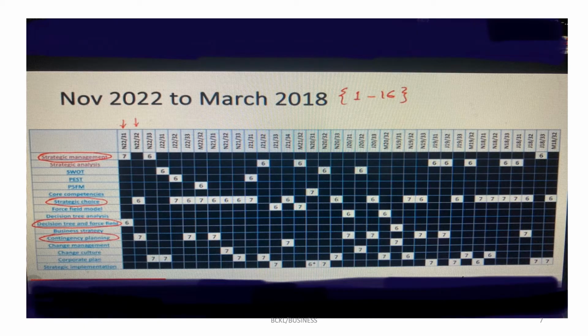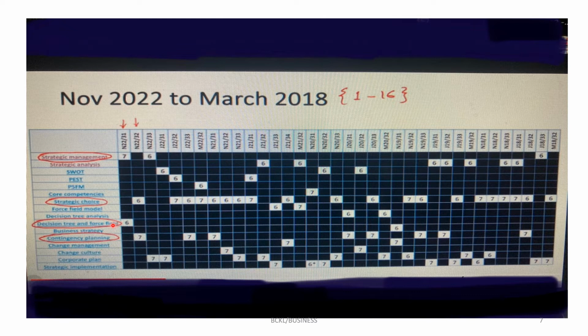So here is the grid of all the questions which came out from March 2018 to November 2022. You will see the different questions that we get: strategic management, analysis, SWOT, PEST, Porter's 5 forces analysis, core competence. You can see that on strategic choice there were so many questions. Practically every year we have a question on strategic choice, Porter's 5 forces analysis, decision tree and force field analysis.